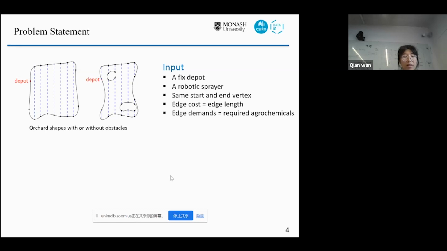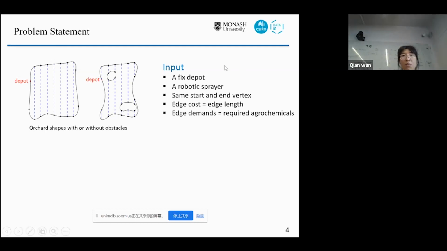Subject to the robot's capacity and the edge demands of the orchard, every blue demand line must be covered by at least one robot. But it is possible to have more than one robot cover a single line, and the robotic sprayers are refilled at the depot when they run out of agrochemicals.